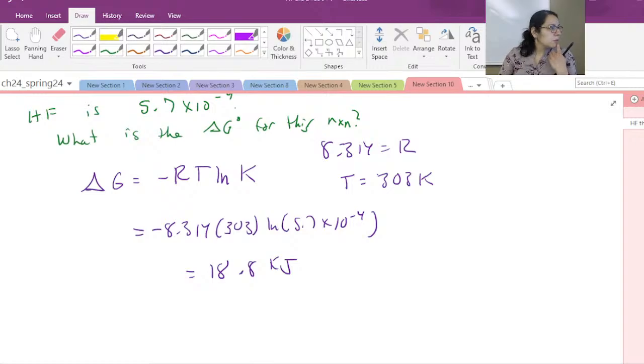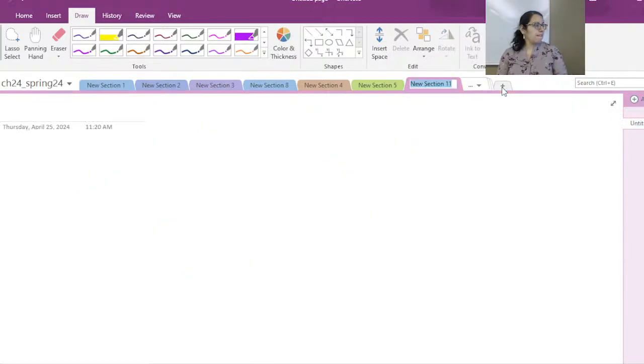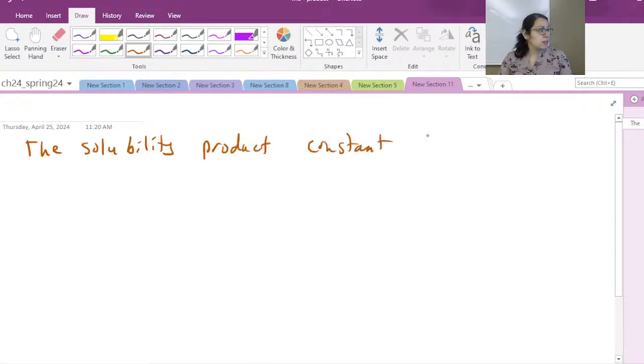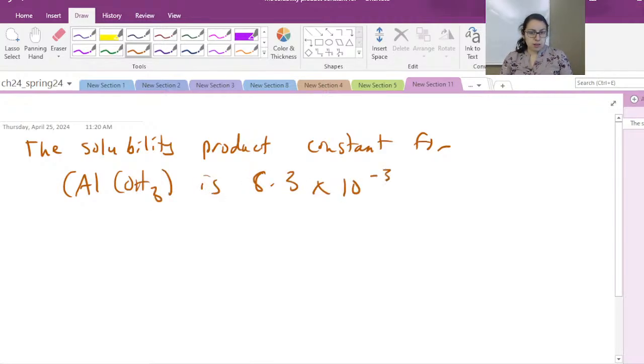Let's try another warm up problem. So the solubility product constant for aluminum hydroxide is 8.3 times 10 to the negative 32 molarity.